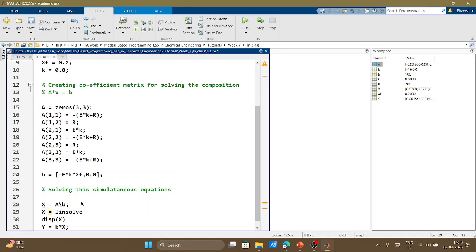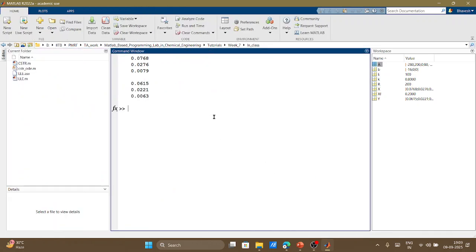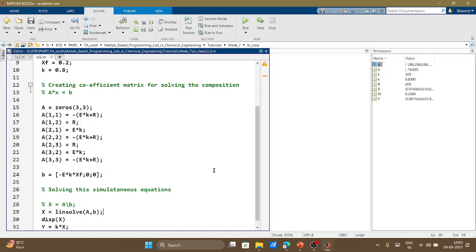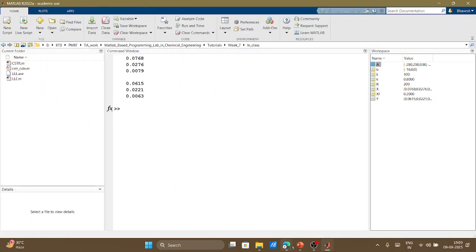If you remember linsolve, we have been previously using it. So anyway, you can use any such methods, whatever you prefer, and you can solve it.